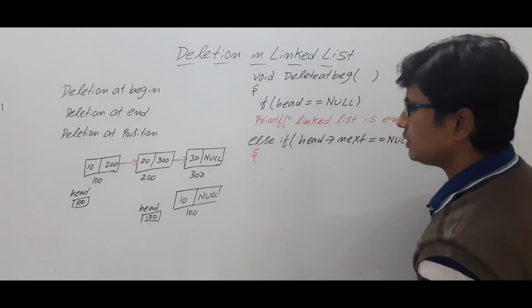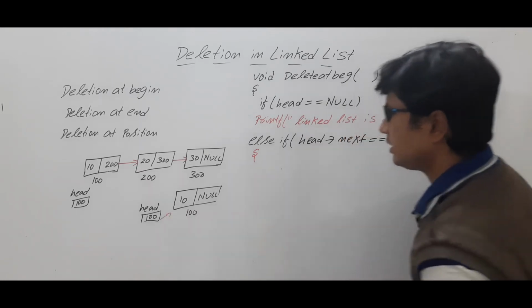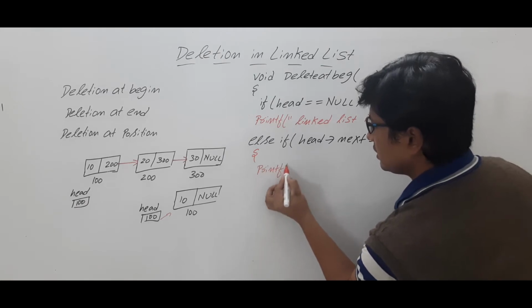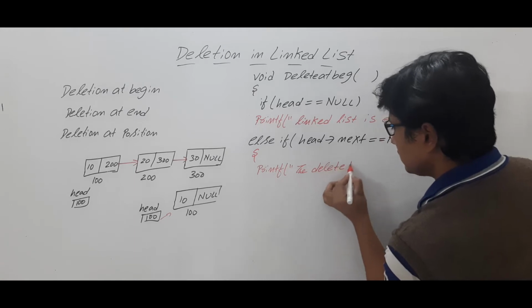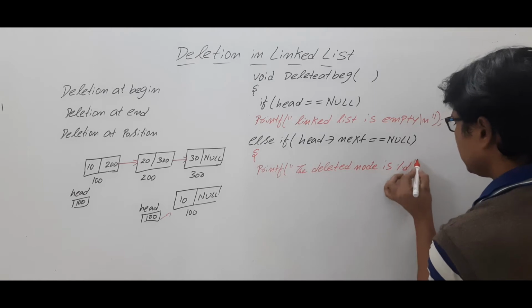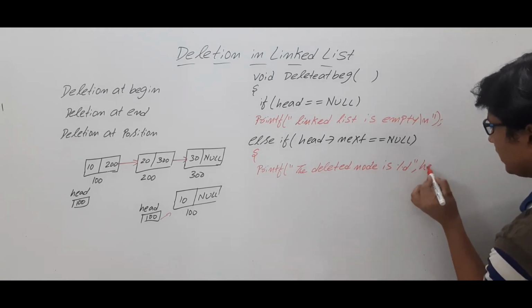So how can we do it? This node is pointed to with the help of head. You can display it like this: printf, the deleted node is %d, and you write head of data.